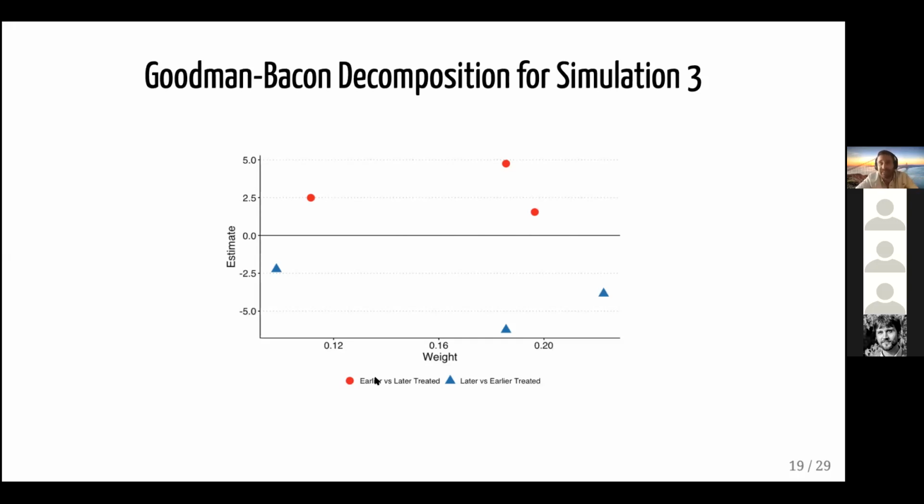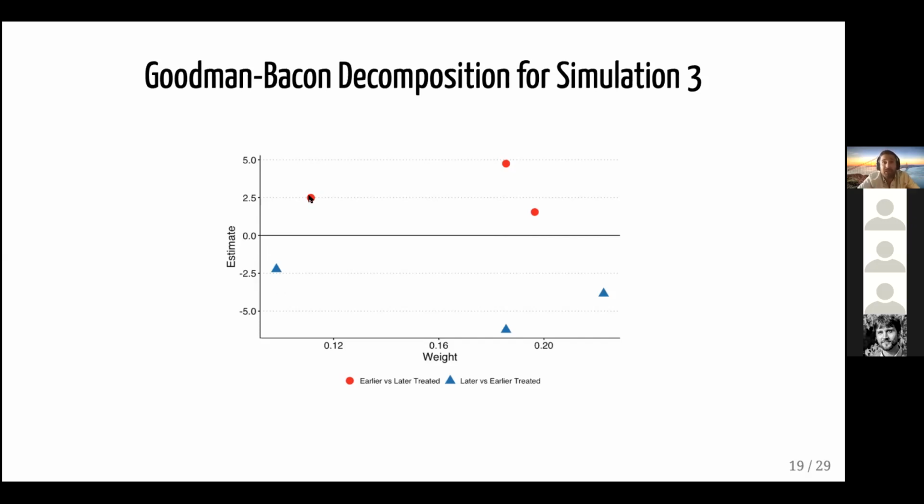If you assume that's not the case, then you can use later treated units as a control for early treated units because they have not yet been treated, so we don't have that bias. But the later versus the early treated units, those are the ones that have bias, right? Because if there's any of these trends, you're subtracting out that treatment effect, and you're going to get something that's either attenuated towards 0 or so attenuated that it's of the opposite sign.